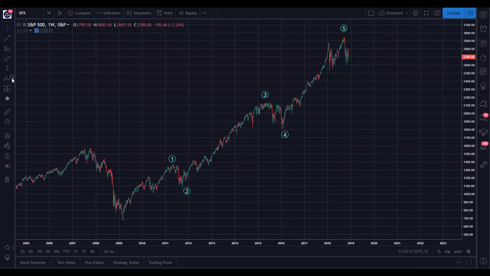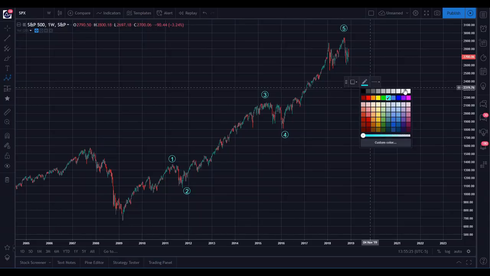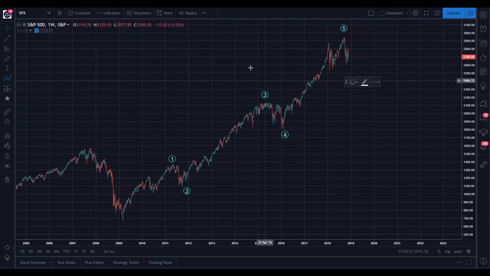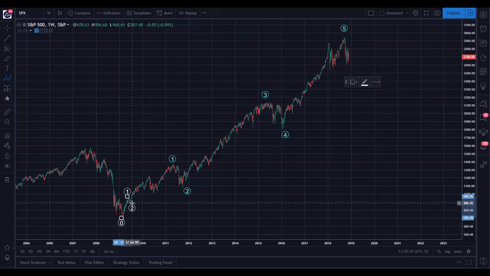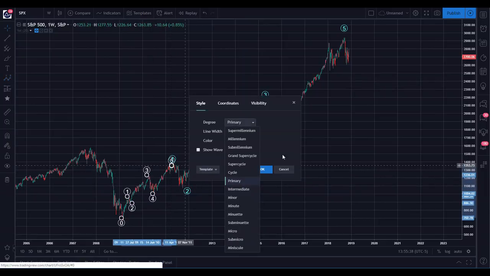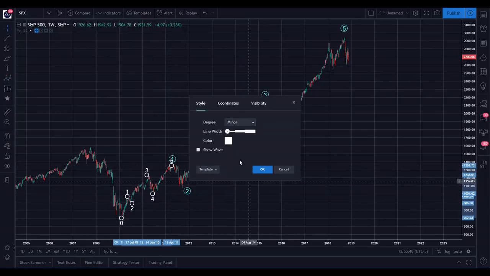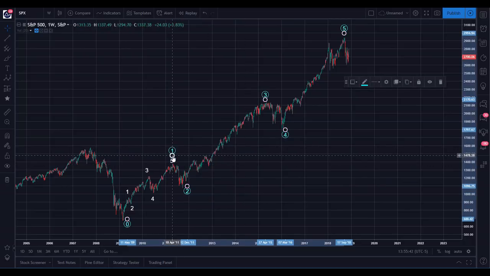So now let's do some subwave counting. Every actionary wave, that being 1, 3, and 5, must be composed of 5 subwaves themselves. So here, we can say there is 1, 2, 3, 4, and 5. So that's for 1.